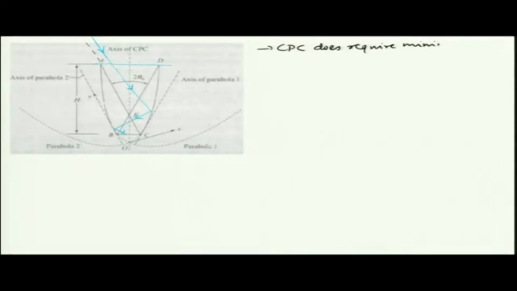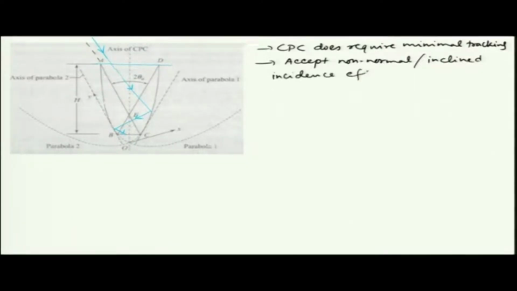That is why it is called minimal tracking. It can accept non-normal or inclined incidence effectively.